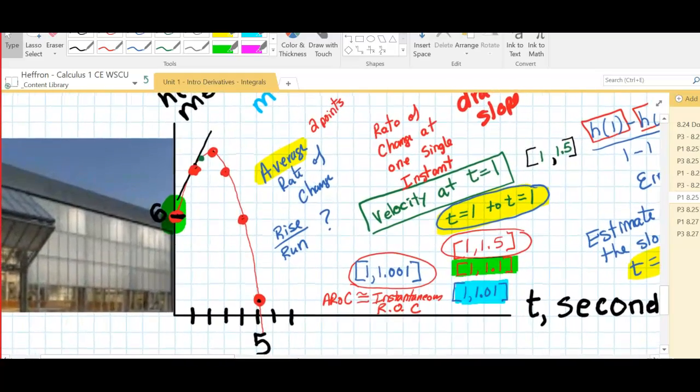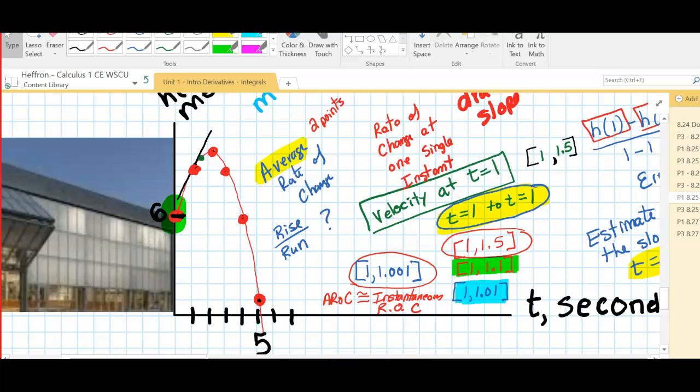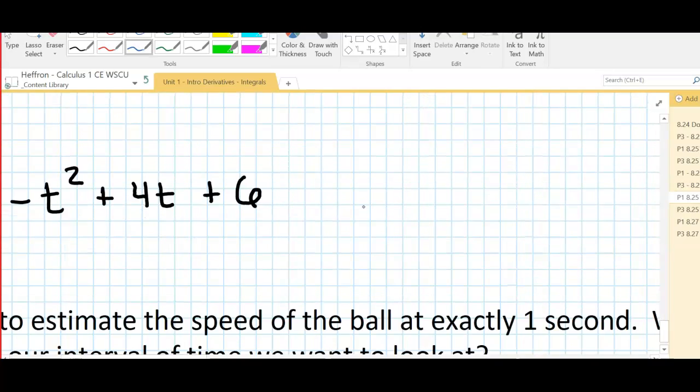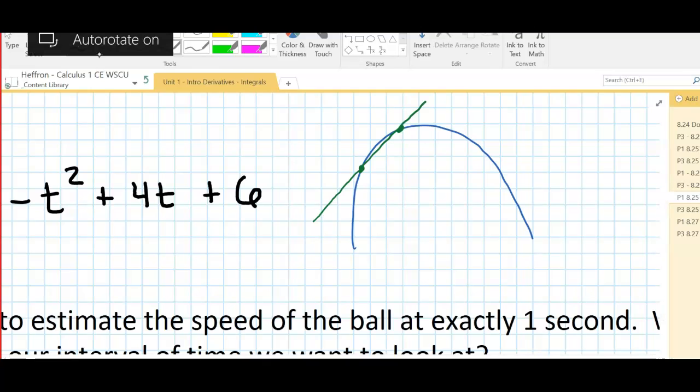I started getting lost when you were talking about the tangent line. So I'm going to draw something really quick right here. This is a secant line, or an average slope between 2 points. If we want a tangent line, it would touch this curve at only 1 point.